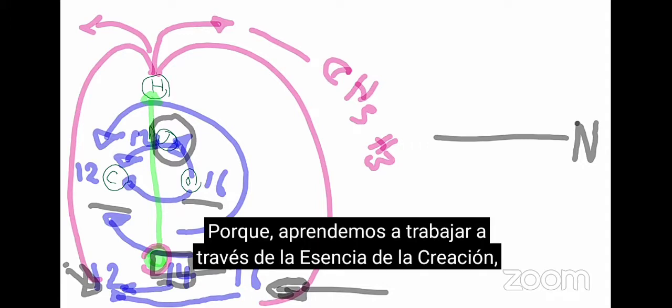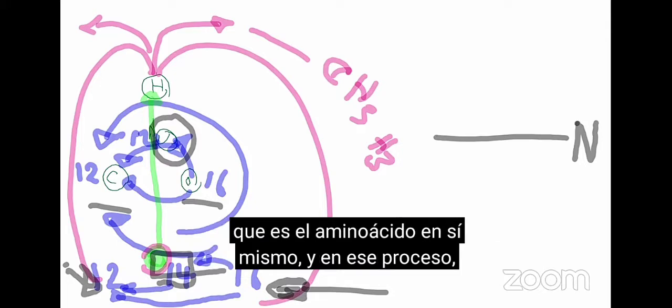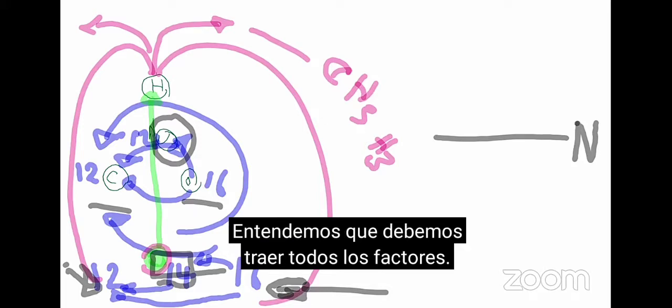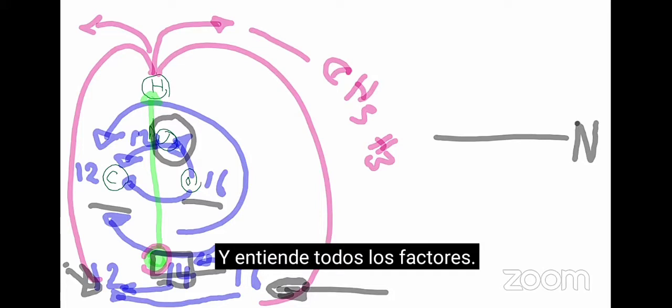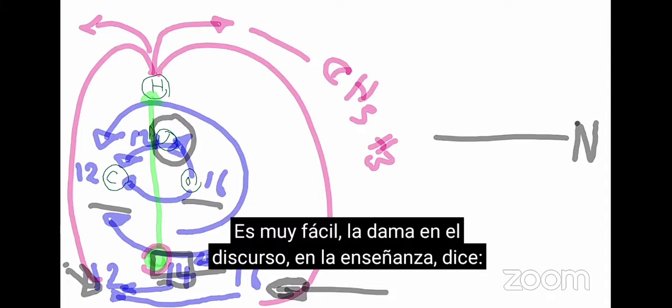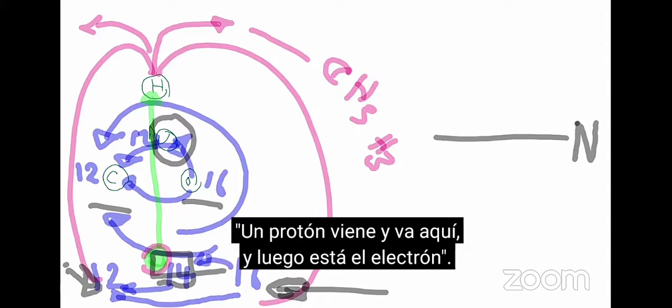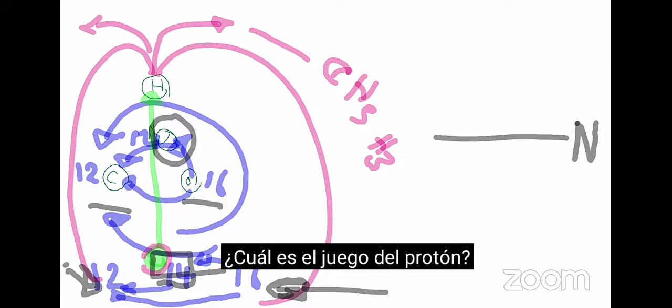Because we learn to work through the essence of creation, which is the amino acid itself, and in that process of understanding, we need to bring all the factors and understand all the factors. It's very easy. The lady in the teaching says a proton comes and goes here and then there is an electron. What is the game of the proton?